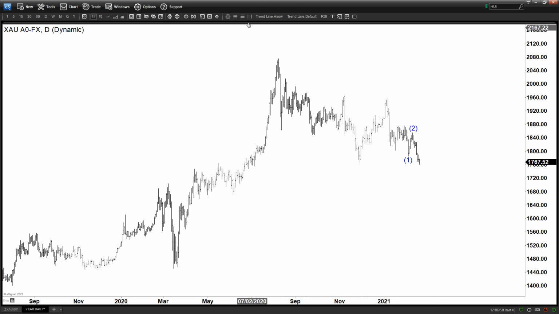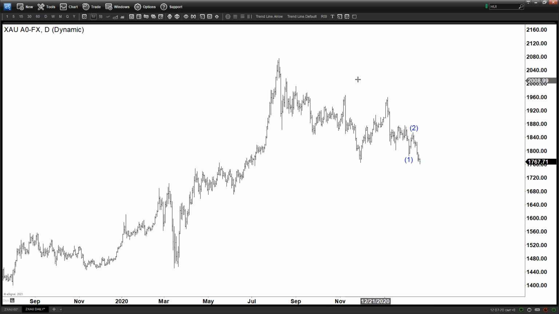If you simply measure C equal A here, then you will get a potential target area of 1721, 1626 as a potential support area to finish this leg. So that's the short-term leg.